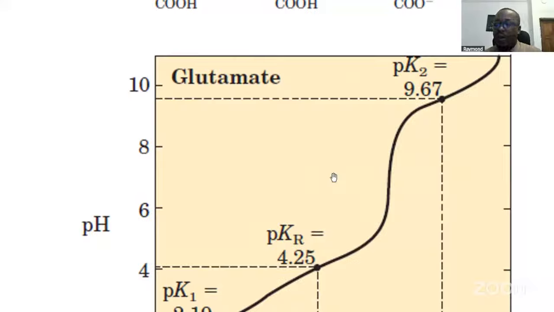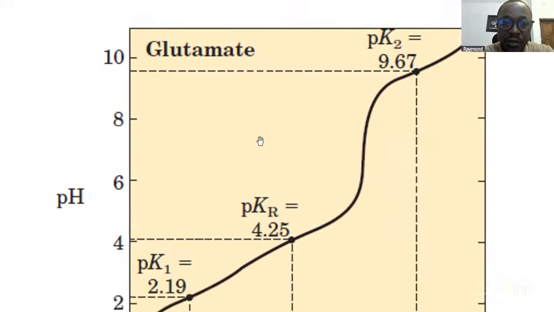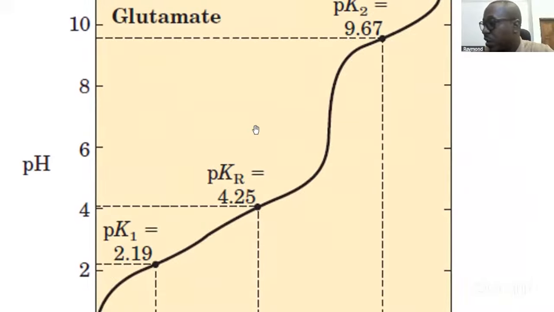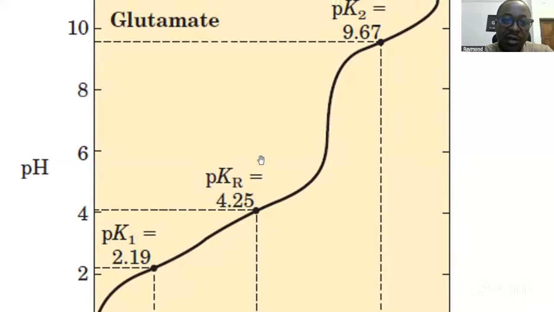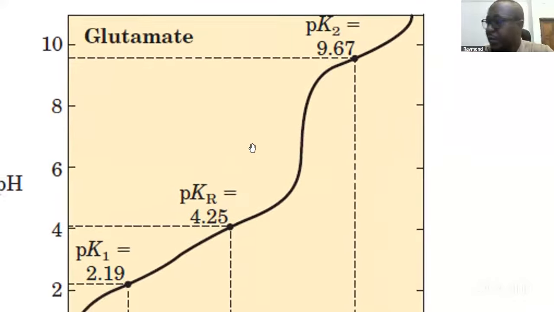Okay, I'm at the graph. Ask the question, please. I can use this graph to explain the previous graph. So what we have here is glutamate. The first graph.